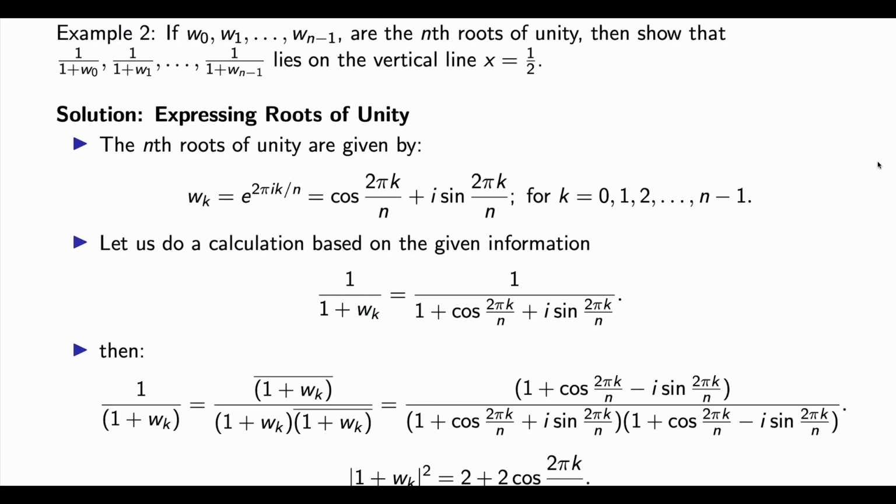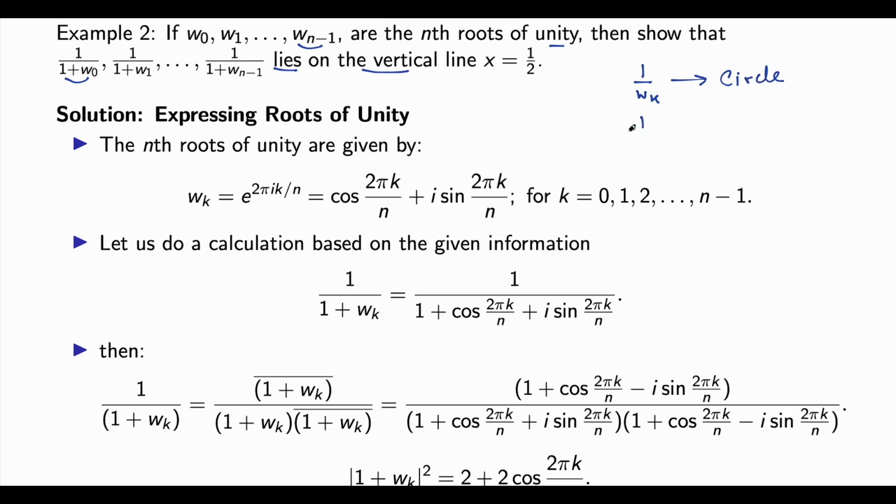So let us do one more example. If W0, W1, W2 and so on Wn minus 1 are the nth roots of unity, then show that 1 over 1 plus W0, 1 over 1 plus W1 and so on up to 1 over 1 plus Wn minus 1 lie on the vertical line x equal to half. You see what we did before, 1 over Wk was lying on this circle, right?